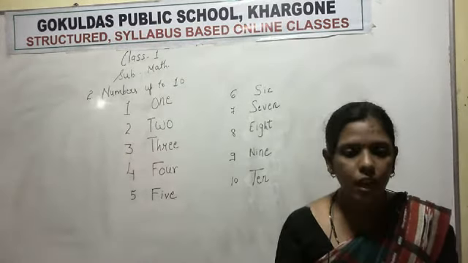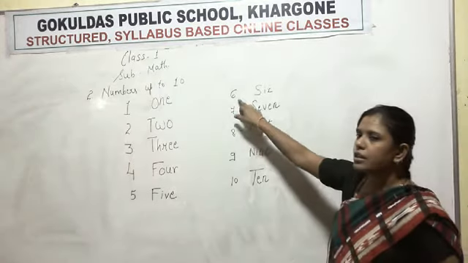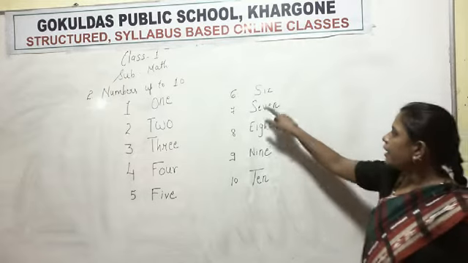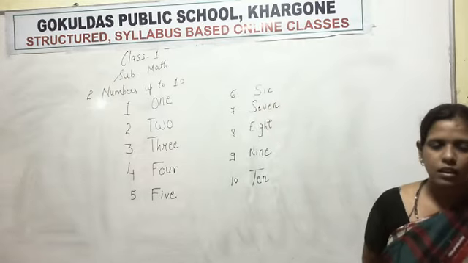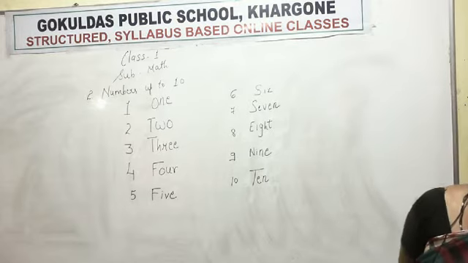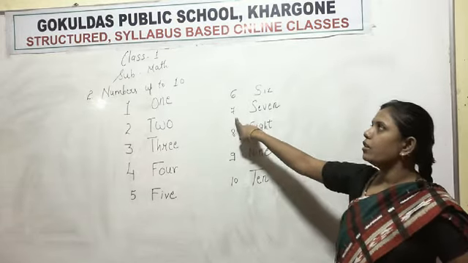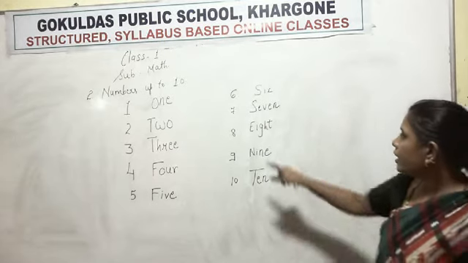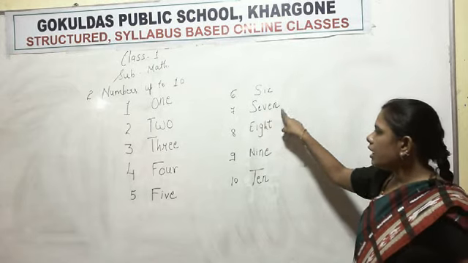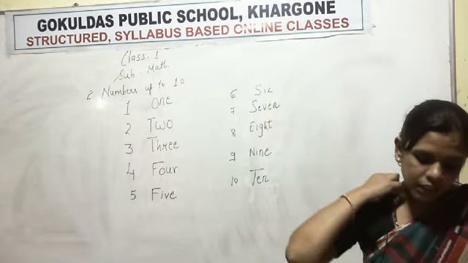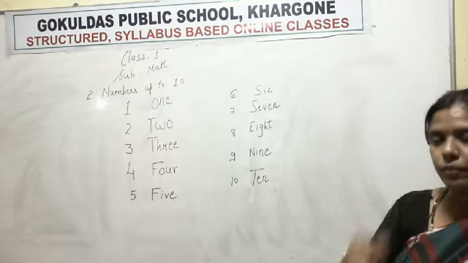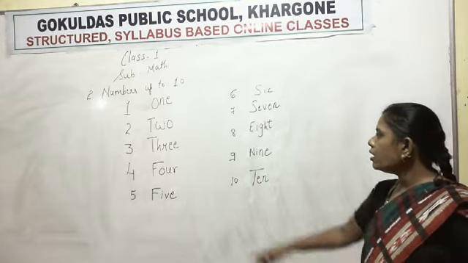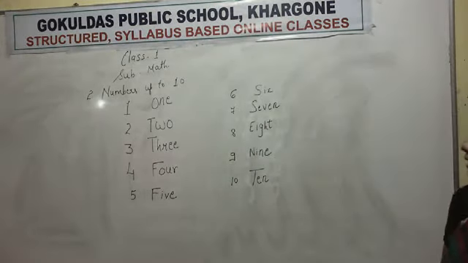Written. Now write next number 6. Write its spelling, S-I-X, 6. Now write the next number after 6, 7. Write its spelling, S-E-V-E-N, 7. Write the next number 8.